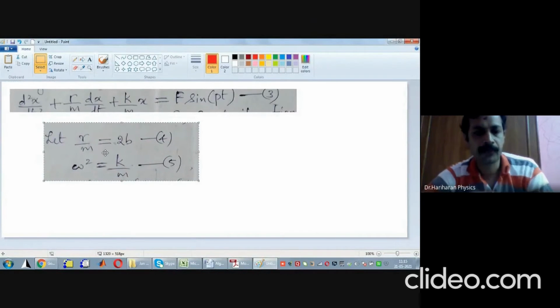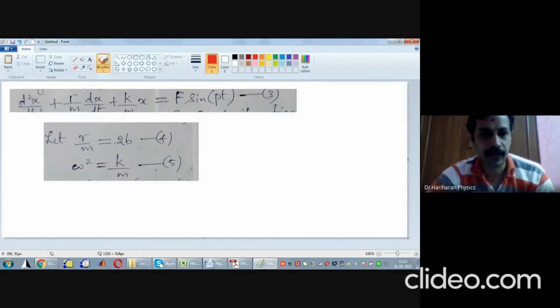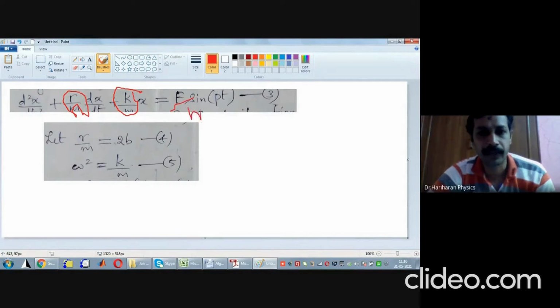Same thing, just what happened in the previous class. r by m is called 2b, which has something to do with the damping coefficient. And k by m is nothing but the natural frequency of vibration, omega square. And of course you have F by m below.